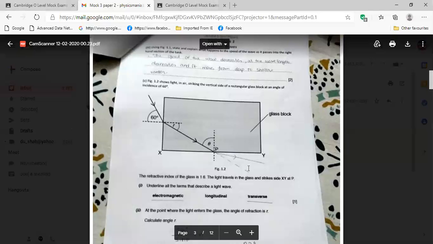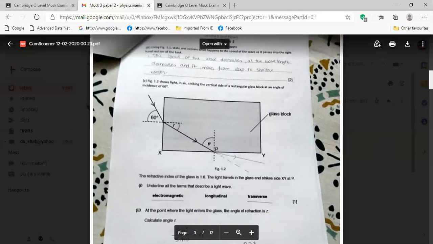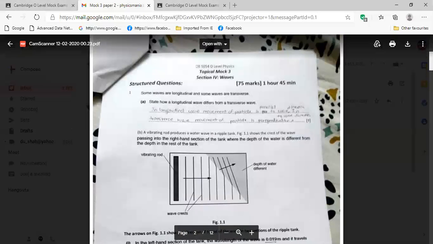This came now. Now you can see the speed of the wave. I have to go more up.